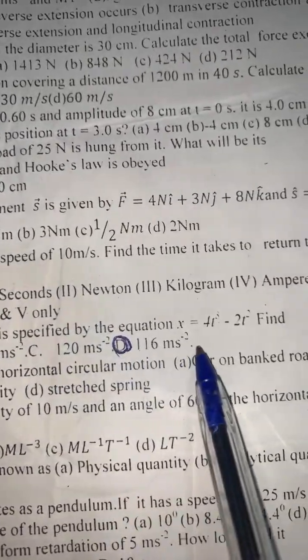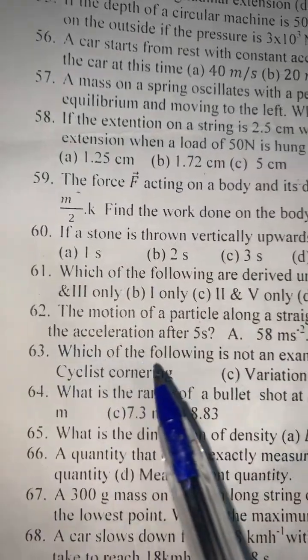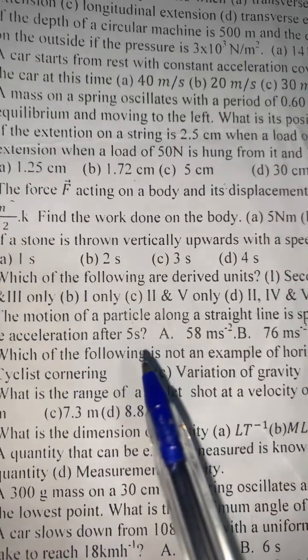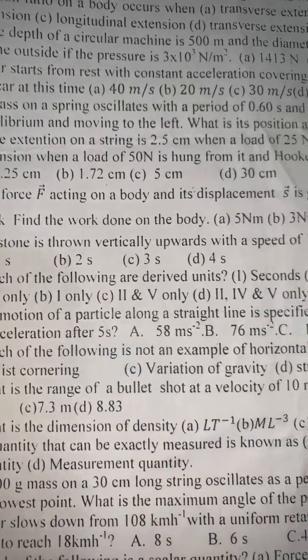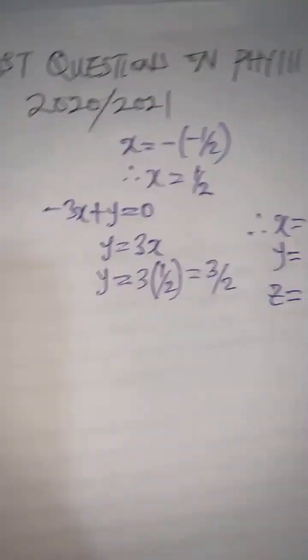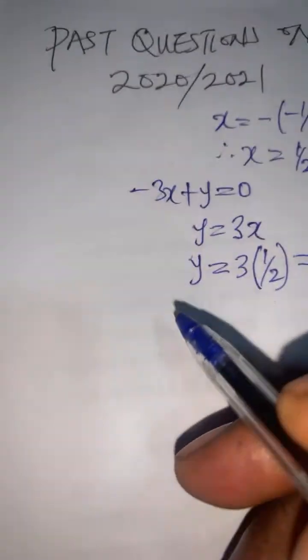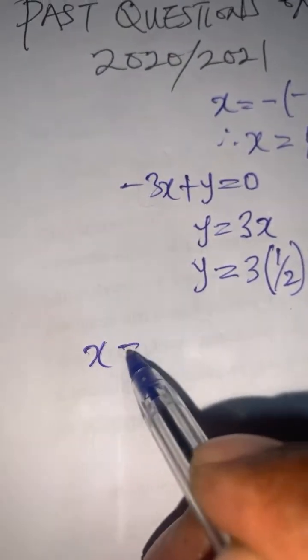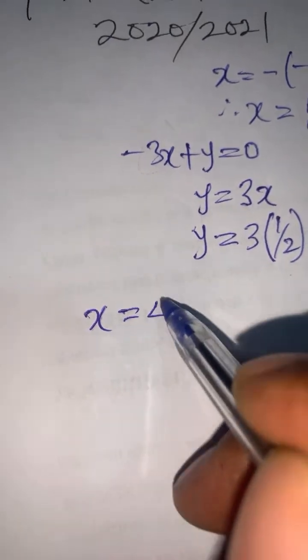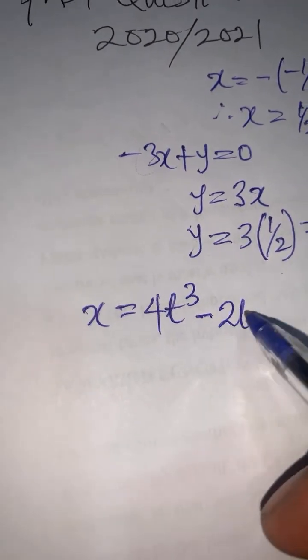It's specified by the equation. Okay, this is the equation. Find the acceleration after 5 seconds. Okay. Let's fetch out the parameters. Okay, we have that x is equal to 4t to the power of 3 minus 2t squared.